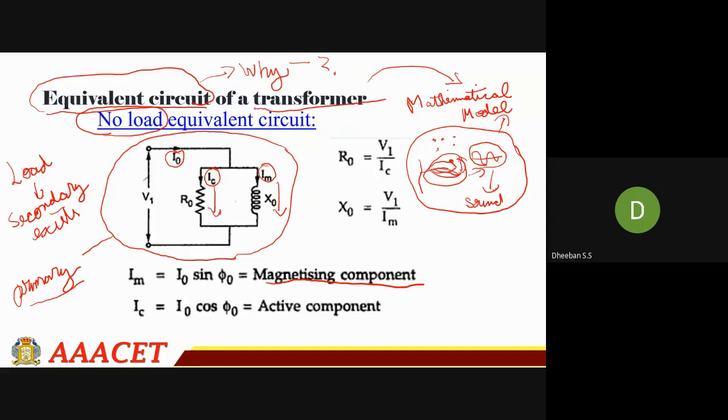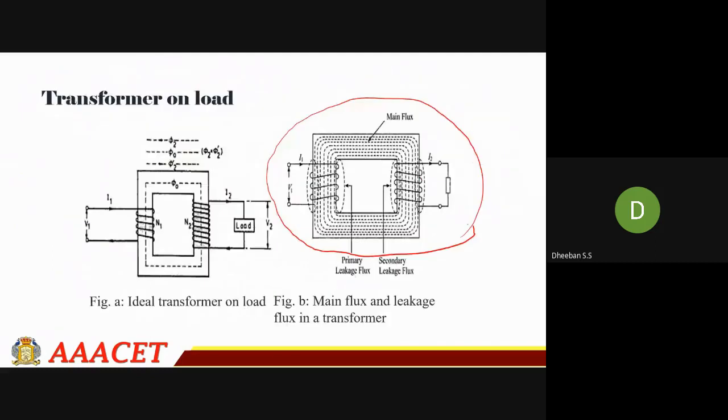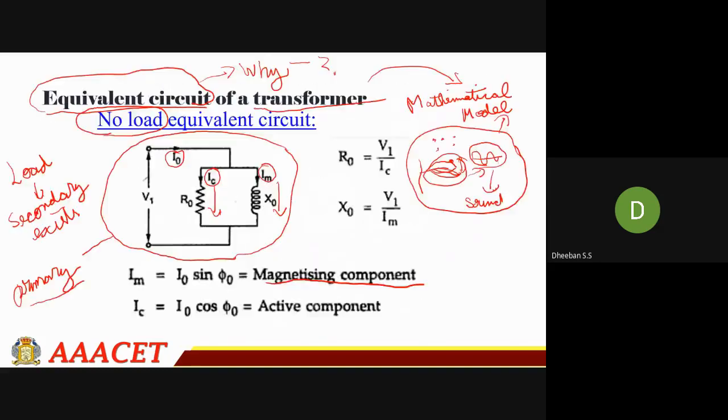If you convert this transformer into a circuit, you will get it like this, but this is a no load equivalent. Here you have to know that this R naught value is nothing but the applied voltage V1 divided by the current flowing through it, that is Ic.